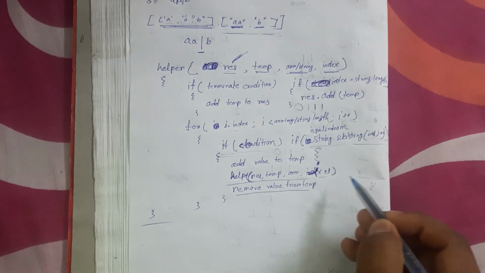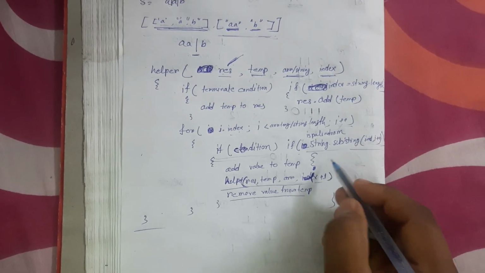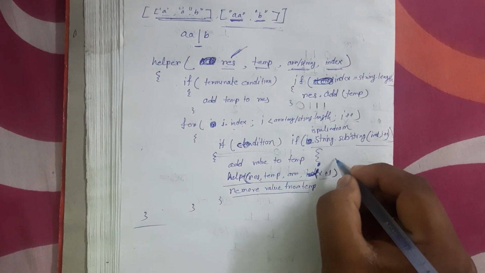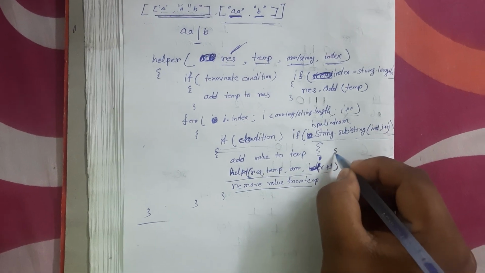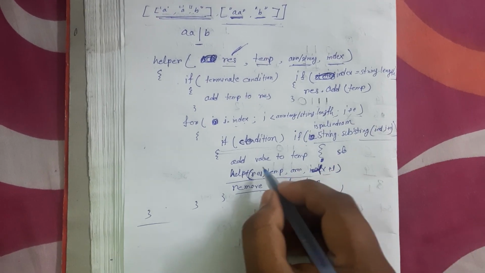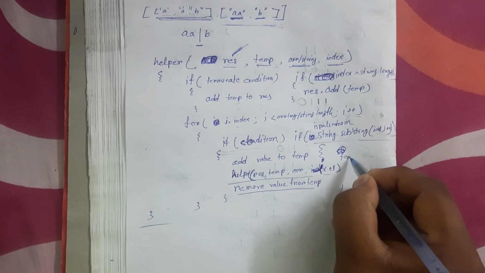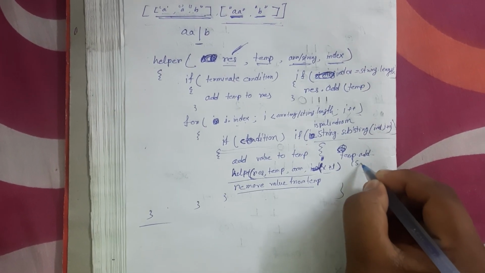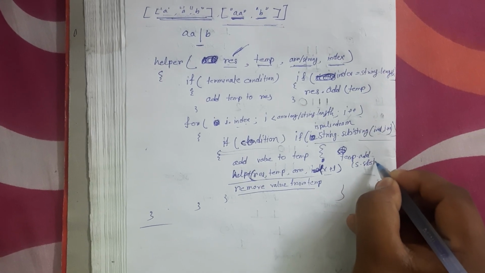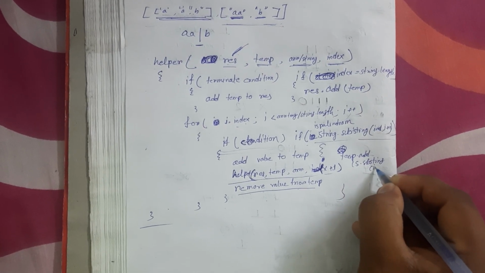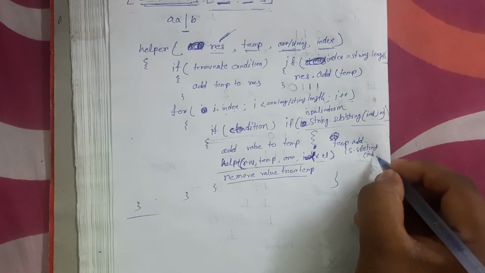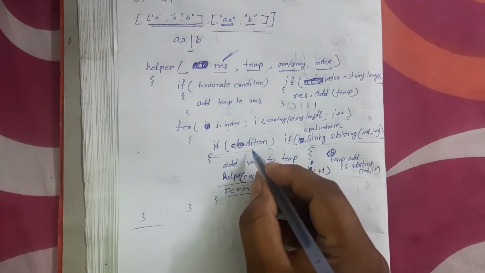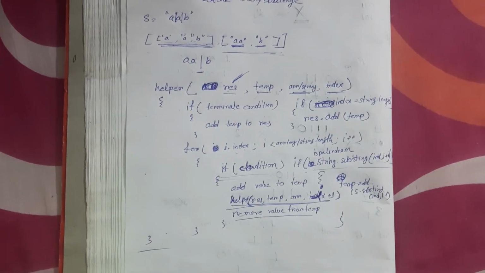If it is a palindrome, then we need to add that value to our temp variable. So temp dot add s dot substring index comma i plus 1. Then we will call the helper function again as we do.